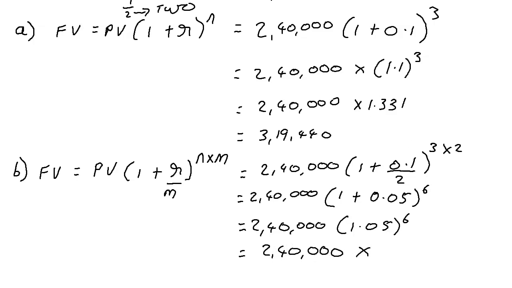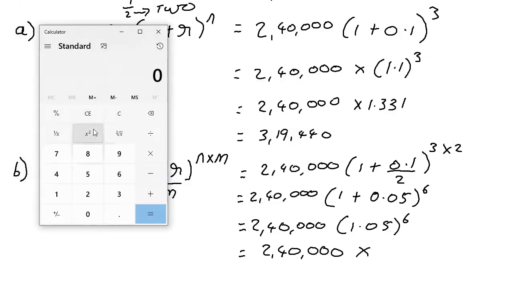and now let's do the math. Okay, so we are talking about 1.05 into 1.05, and by pressing equal to now I get square. If I press it again, I get to the power 3, 4, 5, 6. Look at the difference, 1.331 and 1.340, and it's a non-terminating decimal, so 09564.